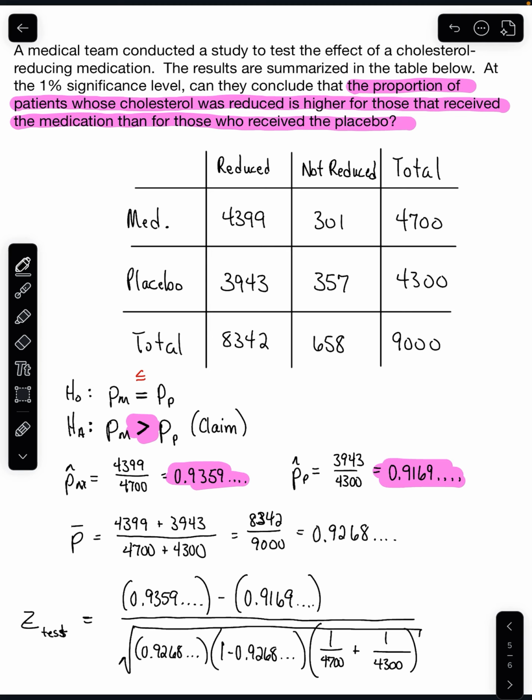And if we do it all very, very carefully, we get a z-score of 3.455.